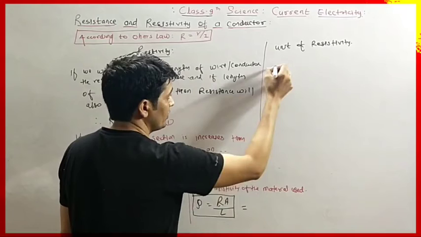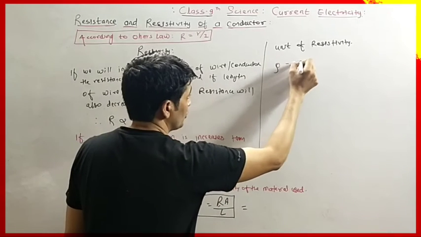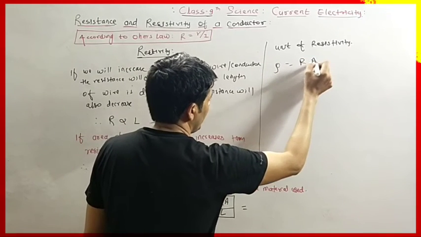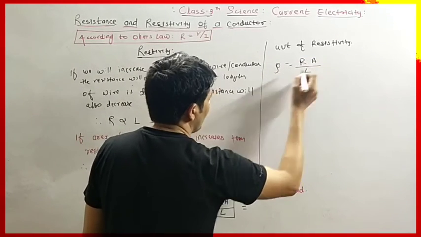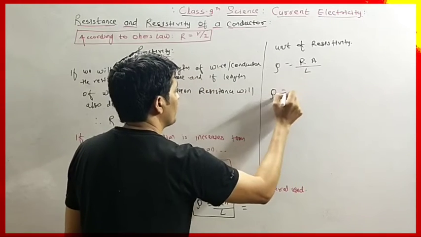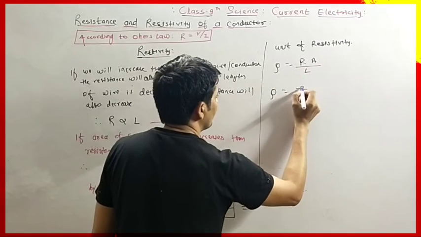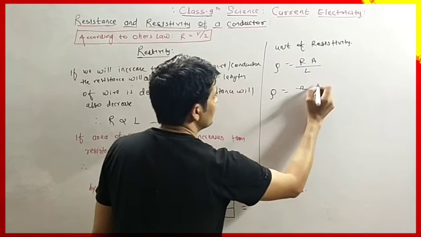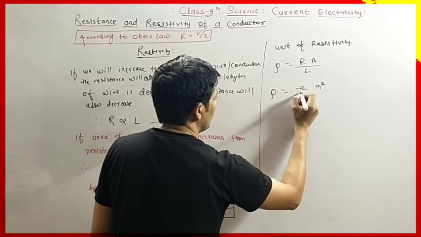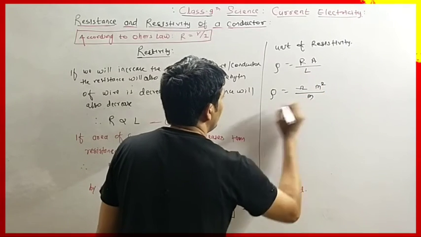Okay, so the formula is what? It is rho equals R into A divided by L. So rho equals to, now we will take the unit of each. R is ohm, area is meter square, divided by length in meter.